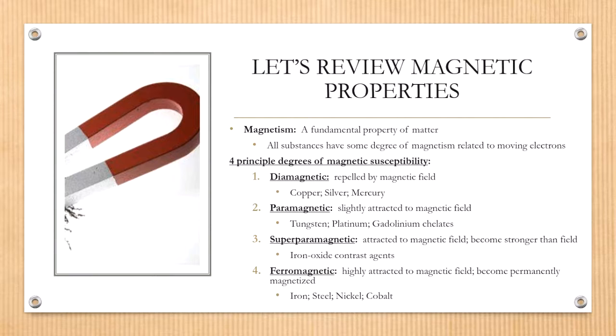When we're talking about the susceptibility of an element or a substance to a magnetic field, we're talking more about its magnetic moments, when we're talking about MRI, of course. Hopefully that wasn't confusing. If it was, rewind it and listen to it again.